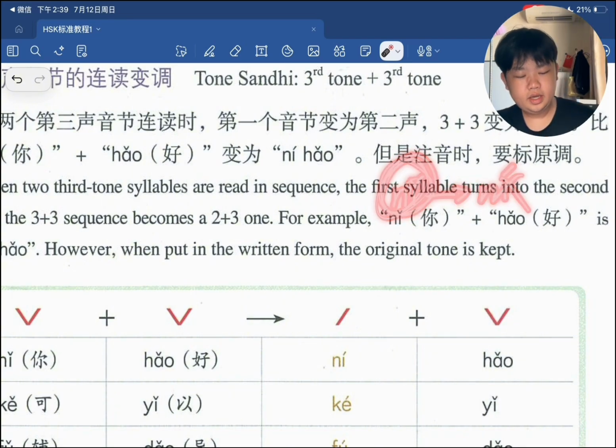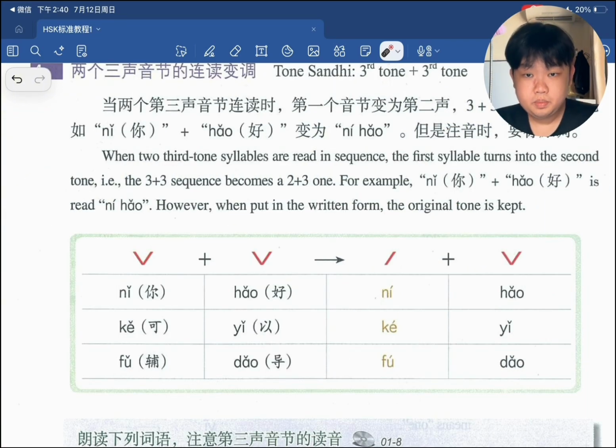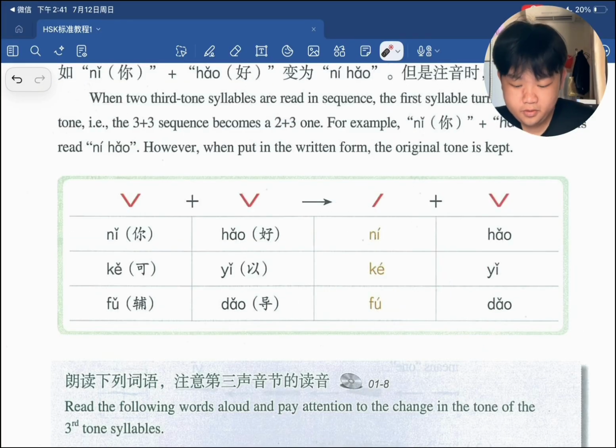So when two third tone syllables are placed together, the tone of the first syllable changes from the third tone to the second tone. Why? Because pronouncing two dipping third tones back to back is too exhausting. To make it flow smoother, we change the first tone into a rising, second tone. If you read ni hao as two dipping third tones, it's weird, you see?